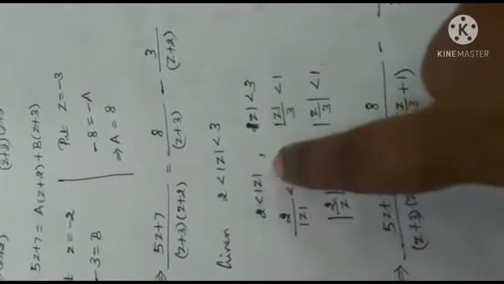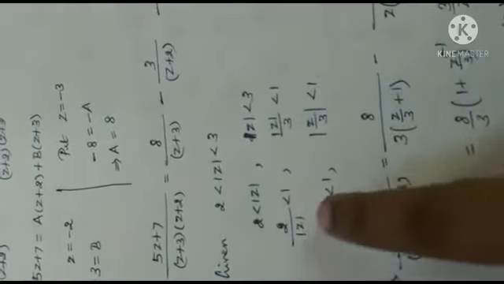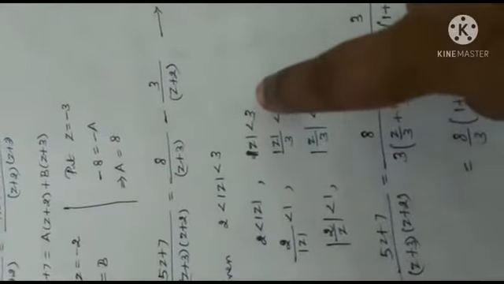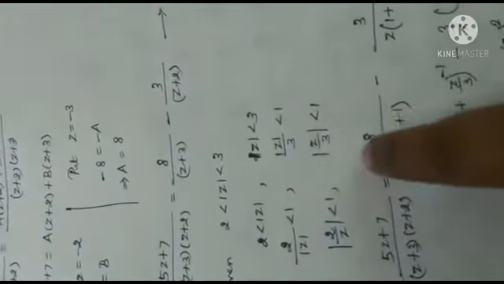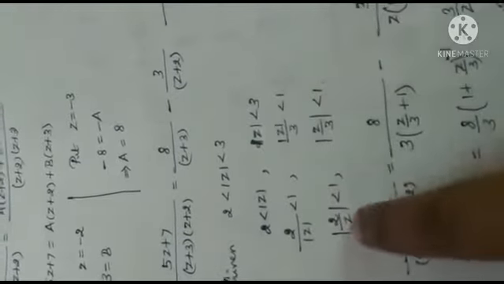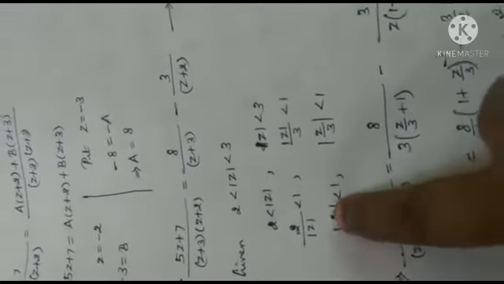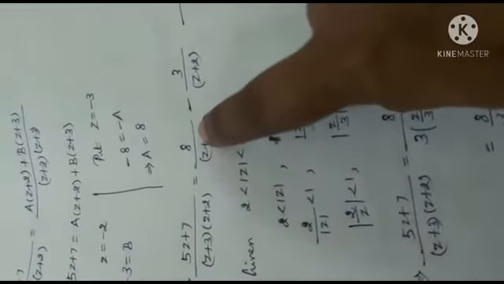Since I need the less than 1 inequality, I divide both sides by mod z. 2 by mod z can be written as modulus of 2 by z. Similarly, here I need the less than 1 inequality, so I divide both sides by 3. Hence modulus of z by 3 is less than 1. You can see it is 2 by z, it is z by 3. This is our x for this term, and this is our x for this term.